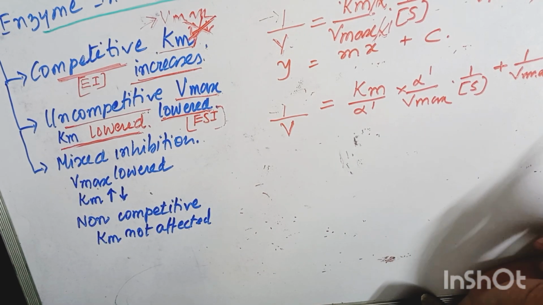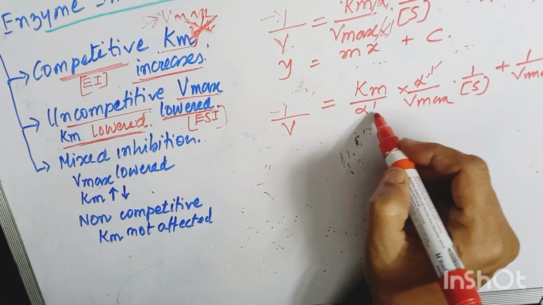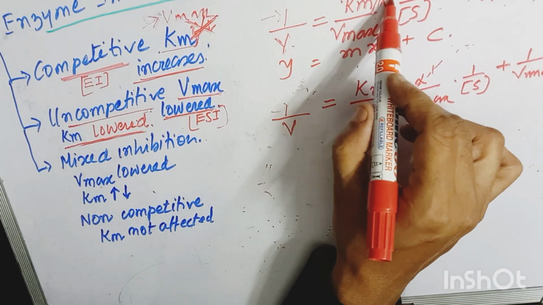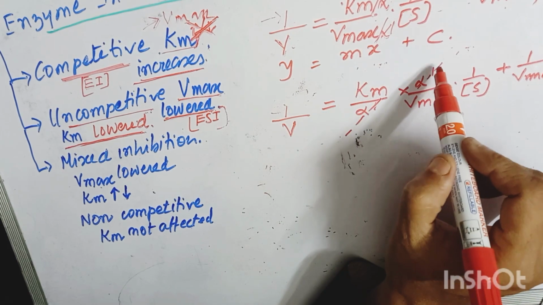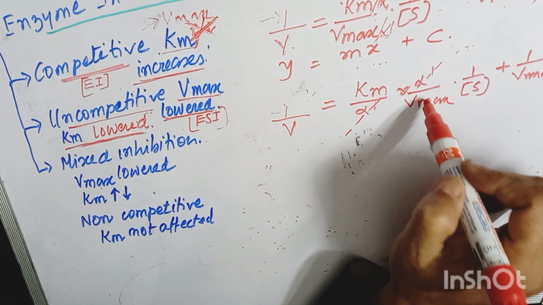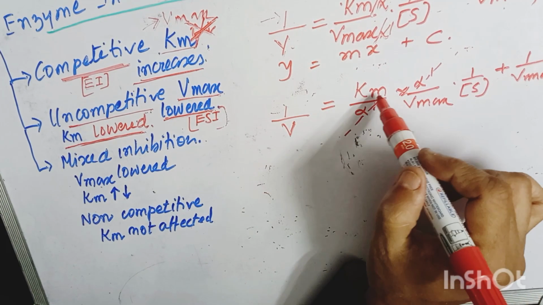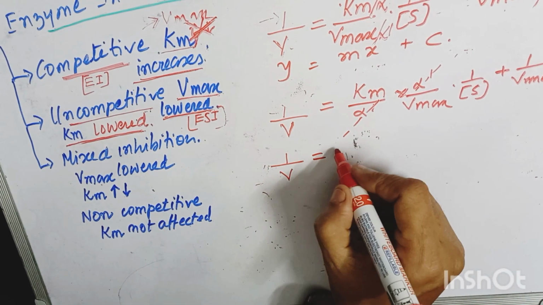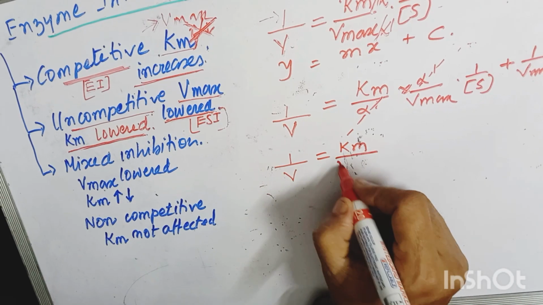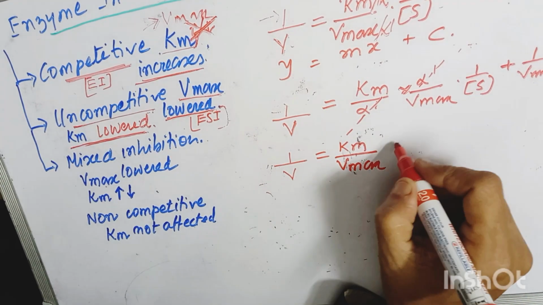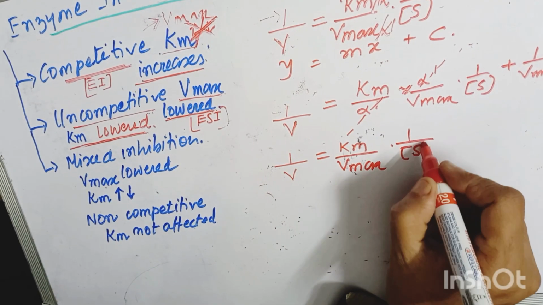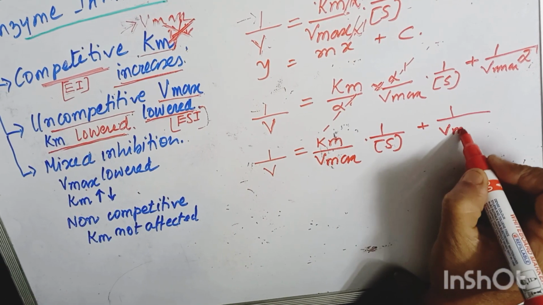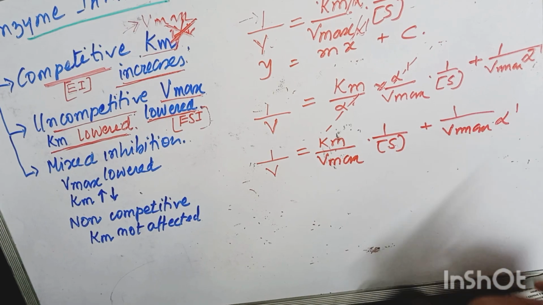Here the alpha dash cancels out in the first term, and alpha dash remains in the second. So the equation is 1 by V equal to Km by Vmax into 1 by S plus 1 by Vmax alpha dash.